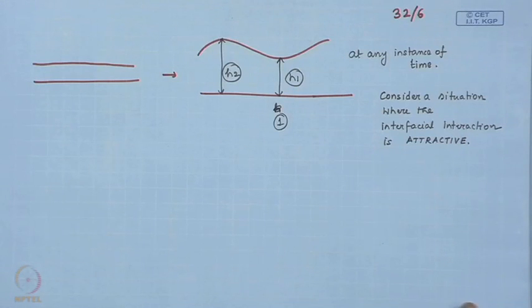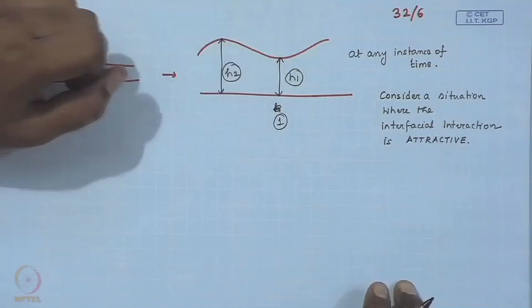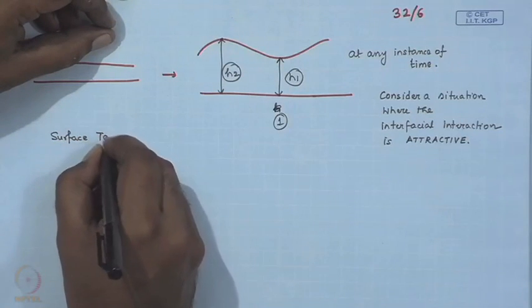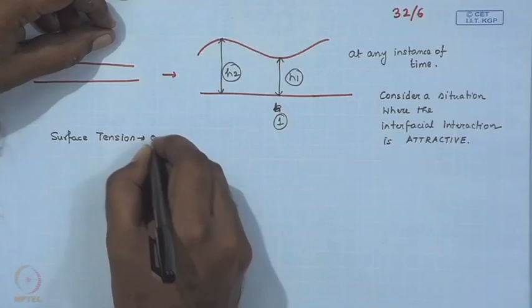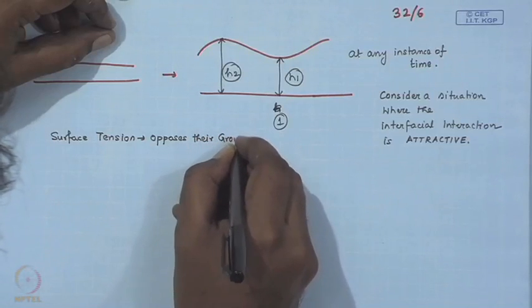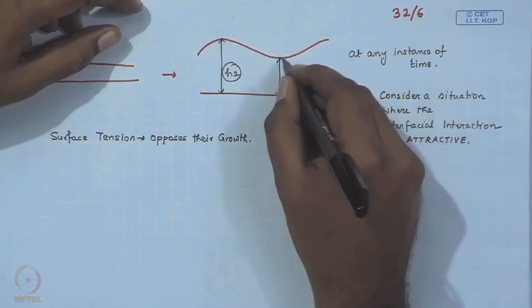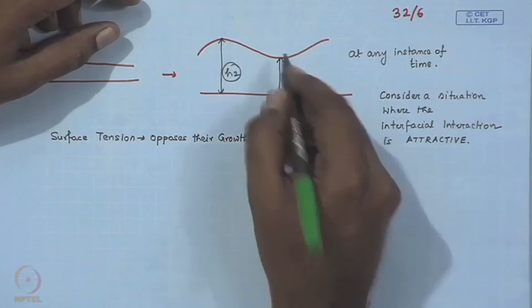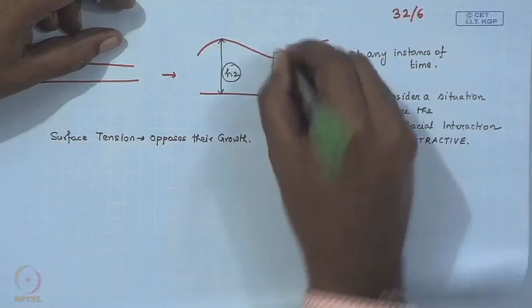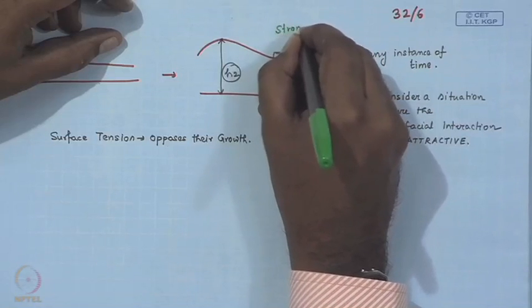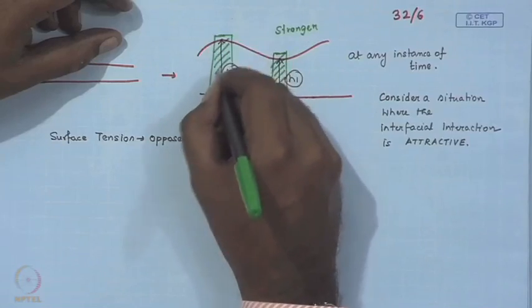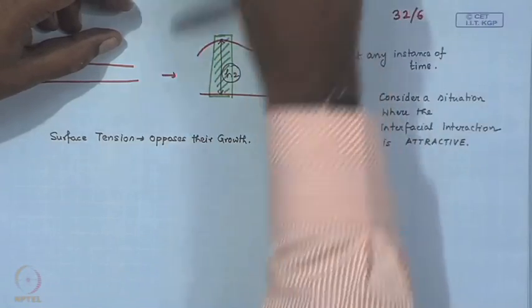So, in that case what happens? You have these fluctuations at any given instance of time. Surface tension as usual opposes their growth. However, you need to understand that the magnitude of the interaction is stronger at this location as compared to this, which was also the case in the previous case where we had a repulsive interaction.